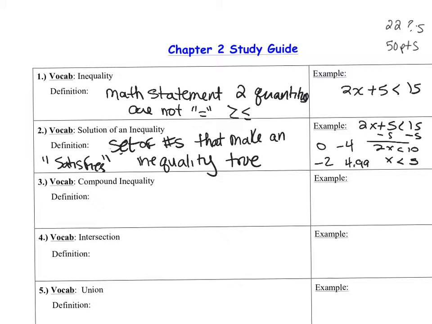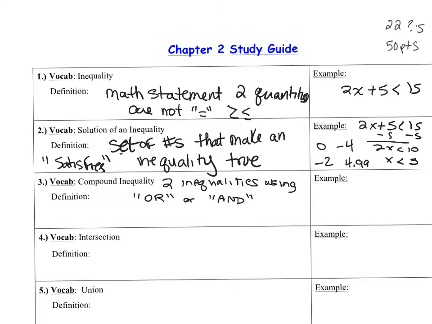A compound inequality, just like compound sentences are two or more sentences joined by and, or, and other words, is two inequalities in one statement. They use the word or, and.